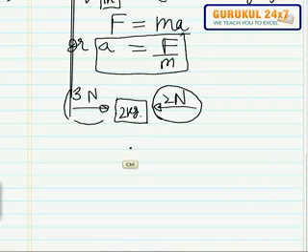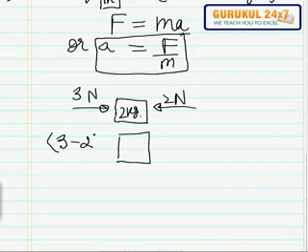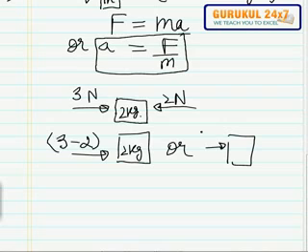So the net force would be 3 minus 2 newtons towards the right for the 2 kilogram object, or a 1 Newton force acting on the right hand side.